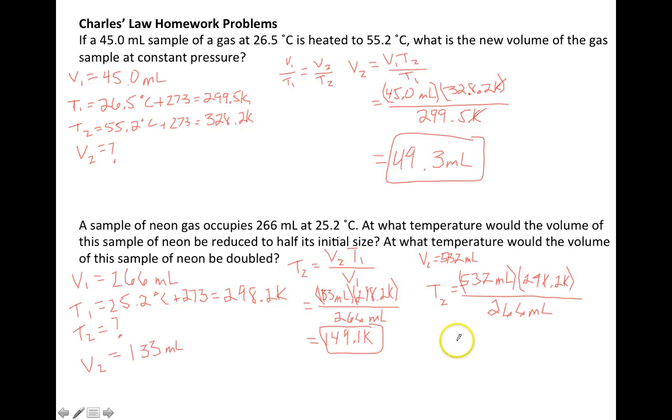And that gives us milliliters. And so this answer comes out to be 596.4 kelvins. And this time our volume went up, so our temperature went up.